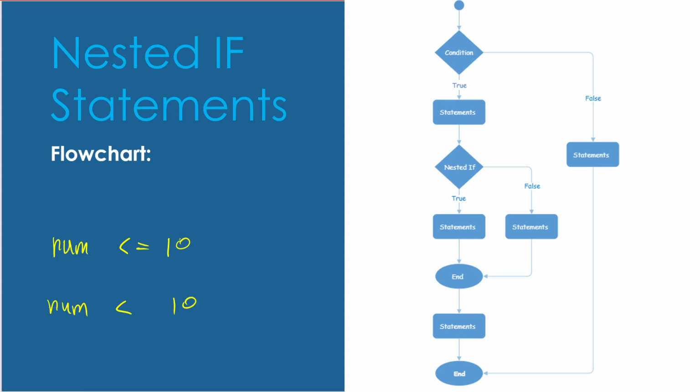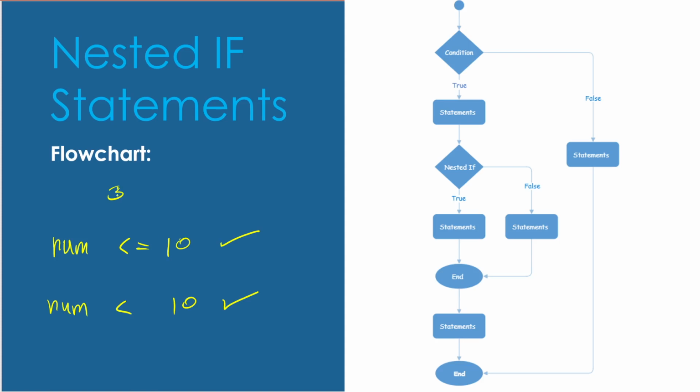Okay, what's the difference between num is less than or equals to 10 or number less than 10. So let's check. If our number is 3, is this statement true? Yes, sir. Okay, and how about this? Is this true? Yes, sir. Alright, so that's true.